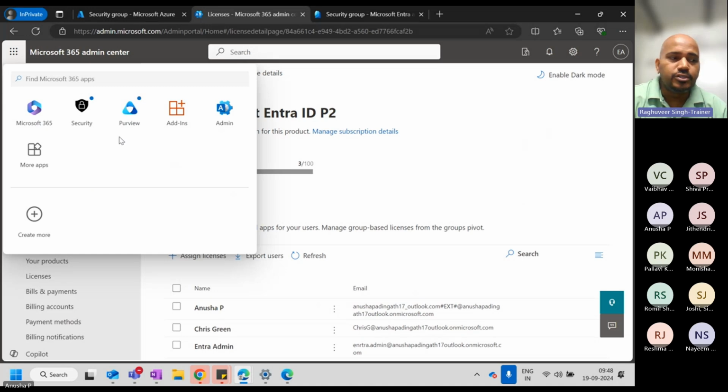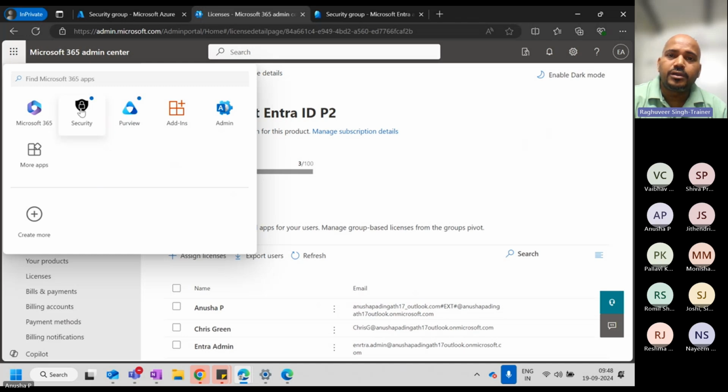If you are using products like Microsoft Defender XDR, Microsoft Defender for Cloud Apps, Microsoft Defender for Identity, Microsoft Defender for Endpoint, vulnerability management, all those Defender products, or including Microsoft Defender XDR and Purview, you can click on security. That takes you to security.microsoft.com, right? You can click on security.